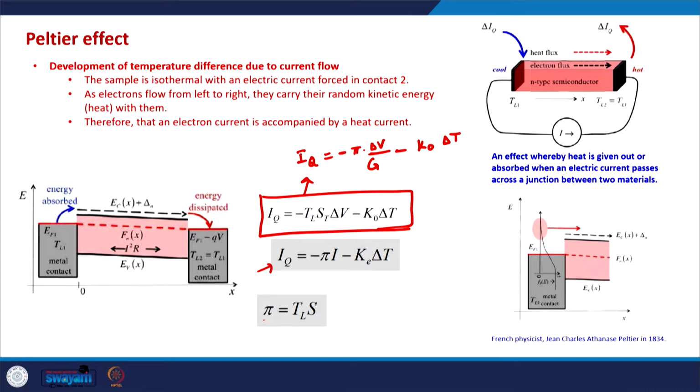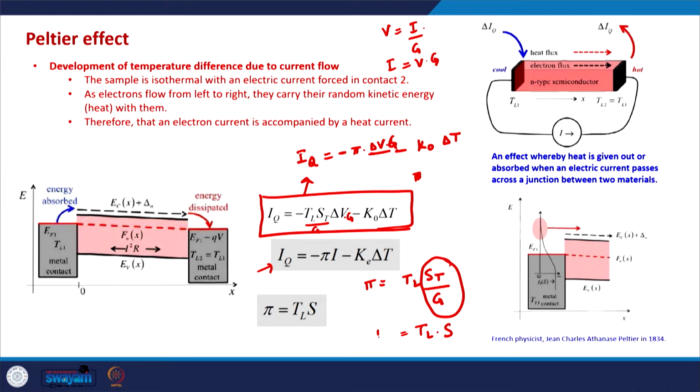And this pi is now, so V is equal to I times R, I by G, so I is V times G. So please correct this, this should be delta V times G. So we need to divide by G, multiply by G, and in that case this pi essentially is TL times ST divided by G, and ST by G is the Seebeck coefficient.